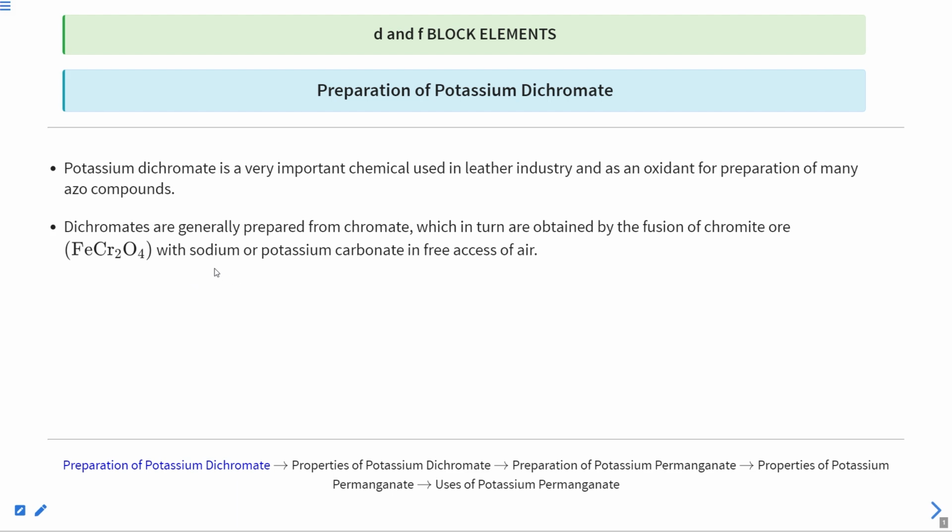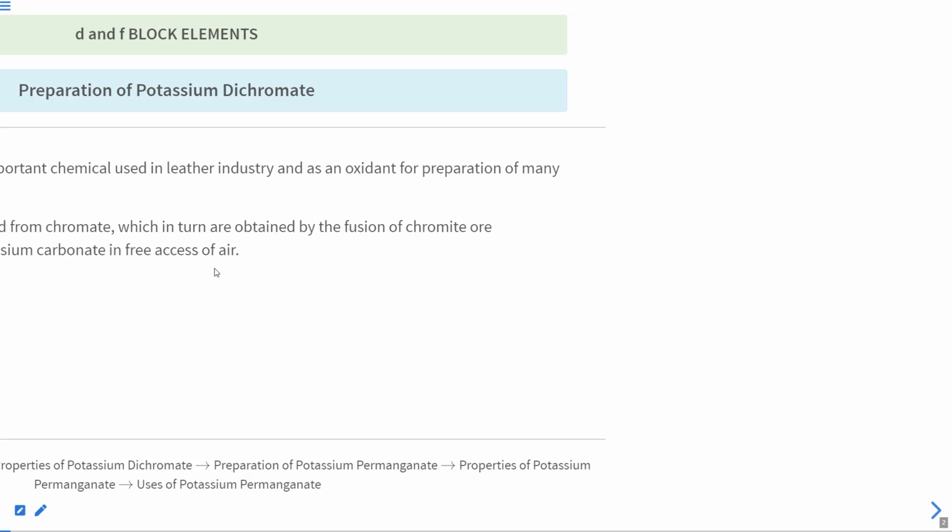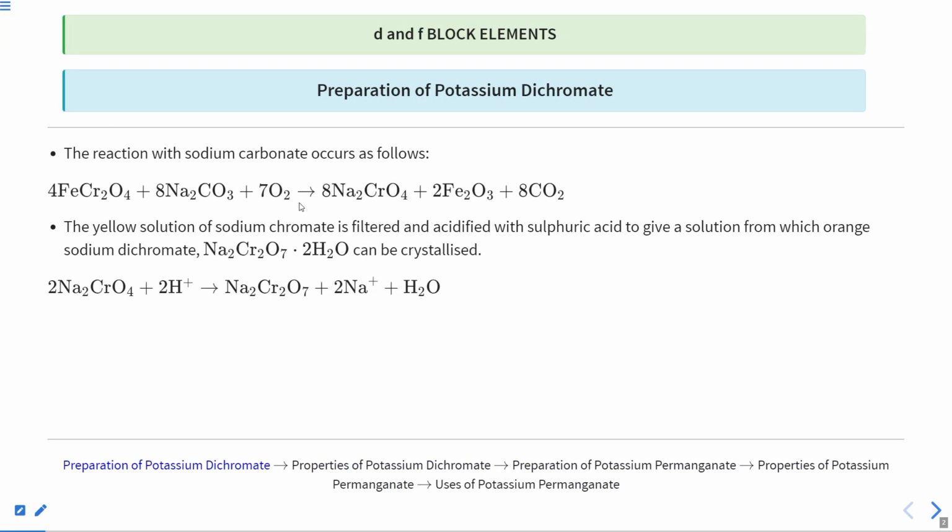Clear? Let us see this reaction. You can see here that if you are treating the chromite with sodium carbonate in the presence of oxygen, then we are getting sodium chromate plus ferric oxide and CO2 gas.